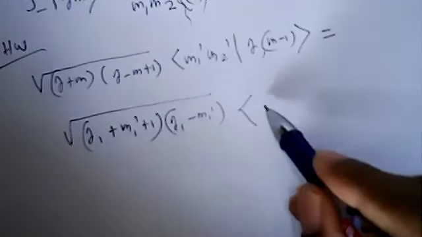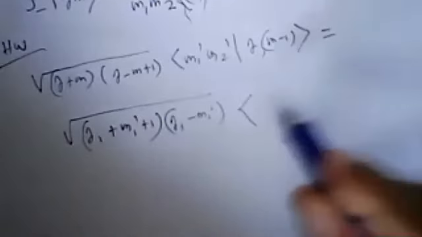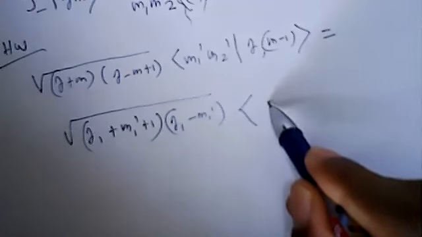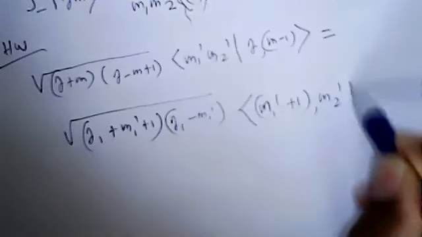Then the Clebsch-Gordan coefficient will come from outside, and you can substitute from that. The other term becomes 1, m dash m dash m dash m dash becomes 1. So what remains is the Clebsch-Gordan coefficient. You can substitute that: m1 dash plus 1, m2 dash, then jm.